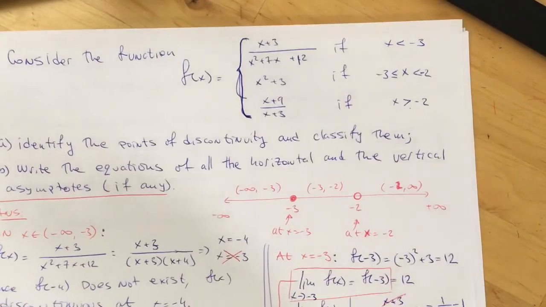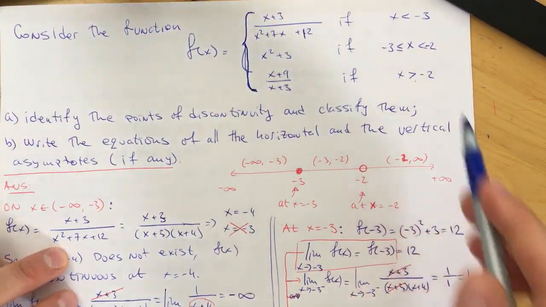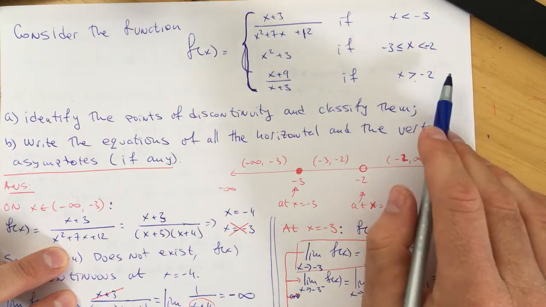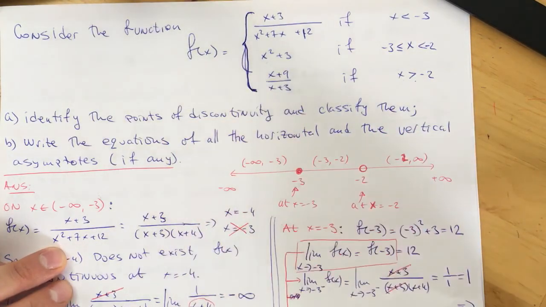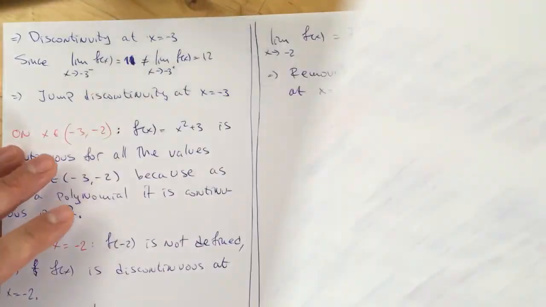And finally, we have to discuss the function on the interval from negative 2 to positive infinity. When x is greater than negative 2, f of x is defined as the rational function x plus 9 over x plus 3.